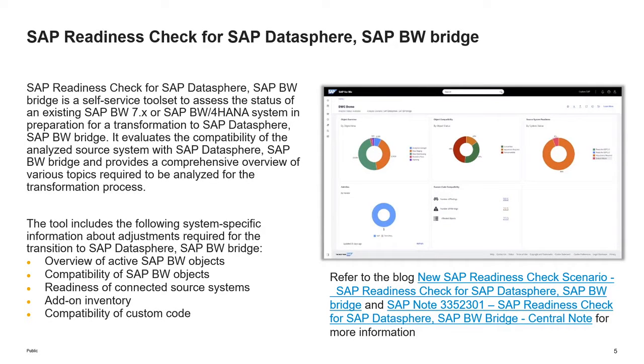In order to determine how ready our current BW system is for SAP Datasphere, SAP BW Bridge, I'm going to take you through two opportunities. The first one is the SAP Readiness Check, and the second one is what we call the Expert Evaluation. These are starting points, evaluations that we can do in parallel to some of the prerequisites and planning phases of a conversion to SAP Datasphere, SAP BW Bridge.